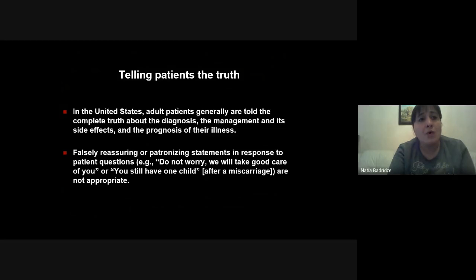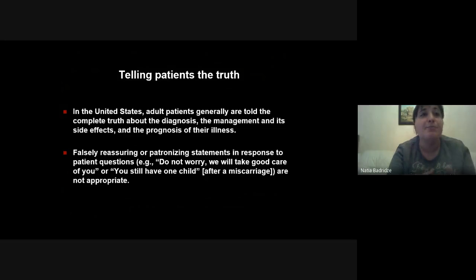And of course, doctors shouldn't be falsely reassuring or patronizing to the patient with statements in response to the patient like, do not worry, we will take good care of you, or, you still have one child, in case of miscarriage. We shouldn't give these false promises to the patient.